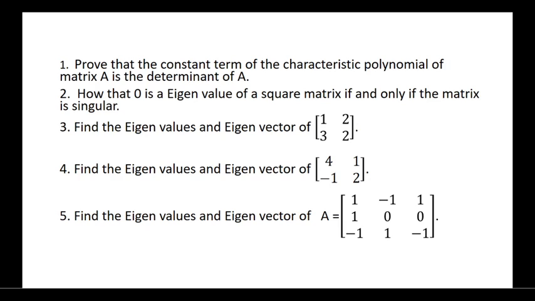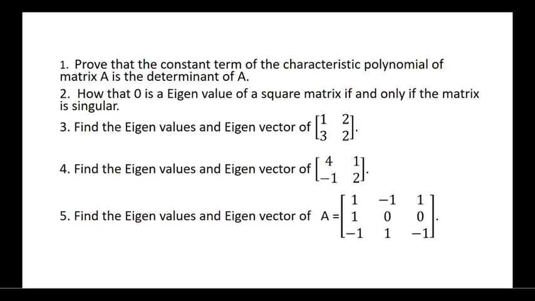On solving these equations, we get x1 plus x2 is equal to 0. The second one also gives the same, x1 plus x2 is equal to 0. These equations are identically the same. That means the system reduces to a single equation x1 plus x2 is equal to 0. That means x1 is equal to minus x2.